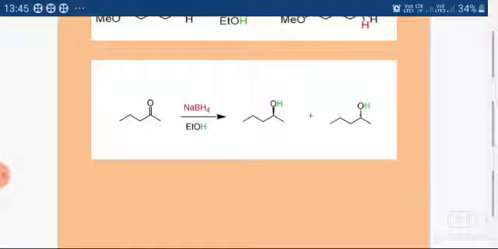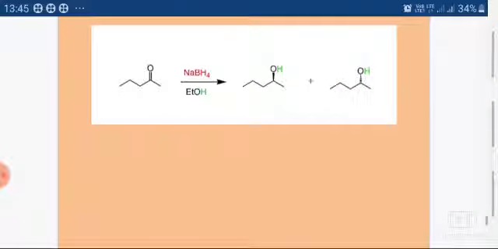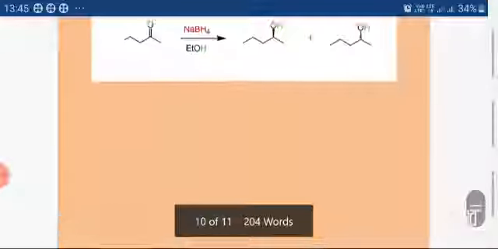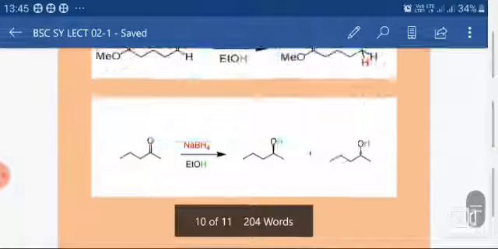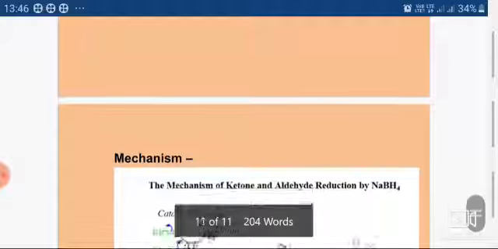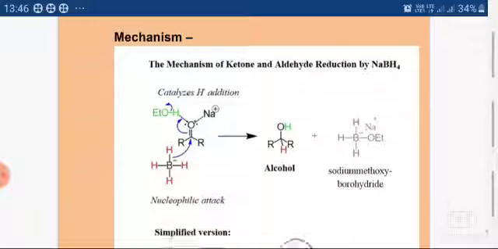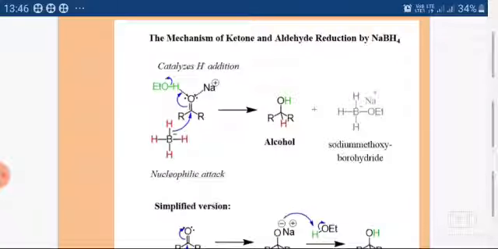Now the next example is conversion of a ketone into alcohol. See here, this 2-pentanone undergoes reaction with sodium borohydride to form 2-pentanol. This is another example. So after looking into all the 4 examples, now the next is the mechanism of reduction reaction by using sodium borohydride.